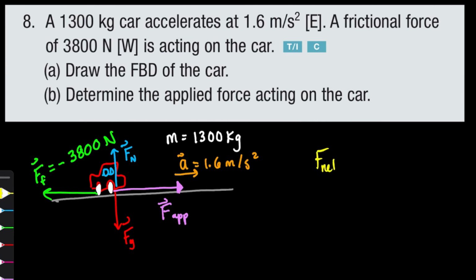So let's write Newton's second law equation. The net force equals mass times acceleration. And looking at the x components only, we have that the applied force points to the right, so it's positive. Frictional force is negative because it's to the left. Mass times acceleration.